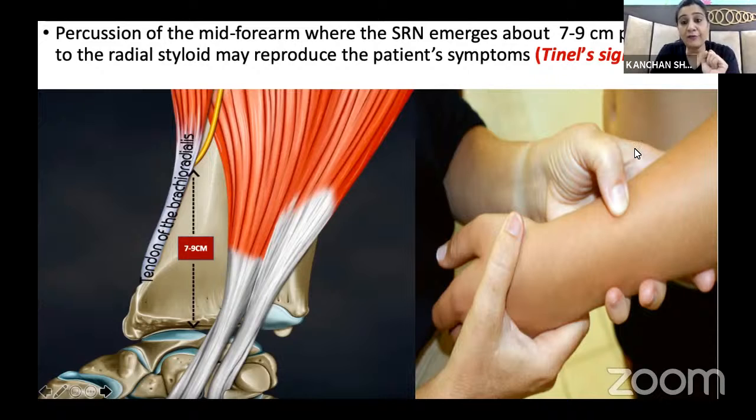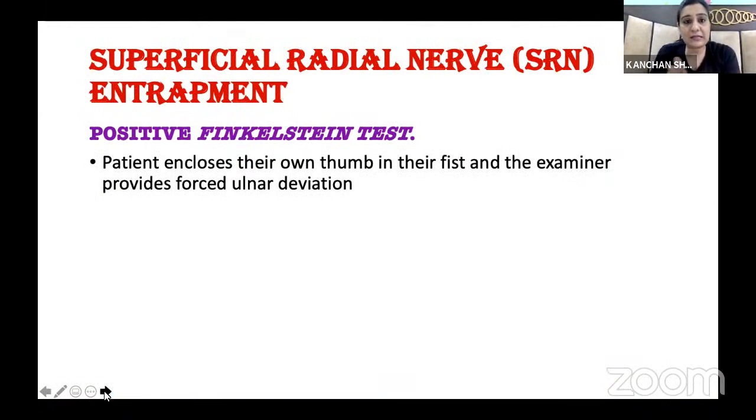And if you press approximately 7 to 9 centimeters above the radial styloid process, the patient is going to jump with pain. Then the Finkelstein test is going to be positive, because as I have said, there is pain.